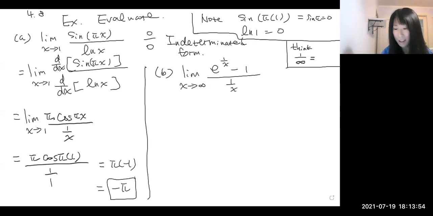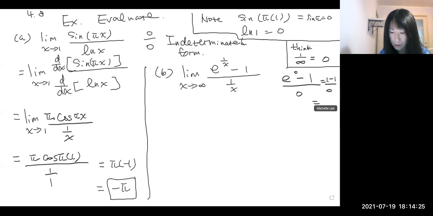Essentially 0. Very good. Okay, so we should know that. So then when x approaches positive infinity, e to the 1 over infinity, right? So casual thinking, e to the 0 power minus 1, which is 1 minus 1 equal to 0 over 0. Okay, so indeterminate form. Very good.